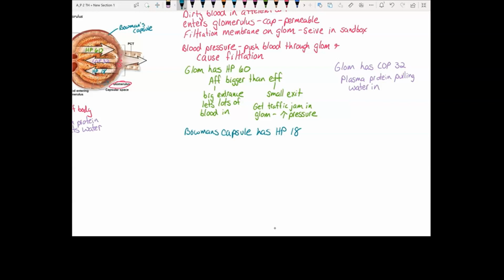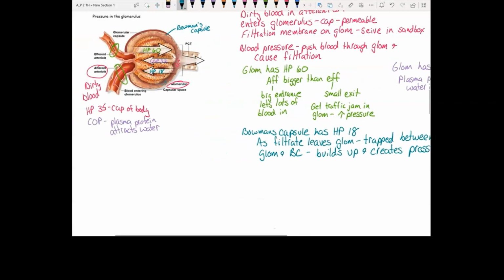This pressure occurs because as the filtrate leaves the glomerulus, it is trapped between the glomerulus and the Bowman's capsule. So it builds up and creates pressure. This is a pressure that doesn't exist elsewhere in the body.